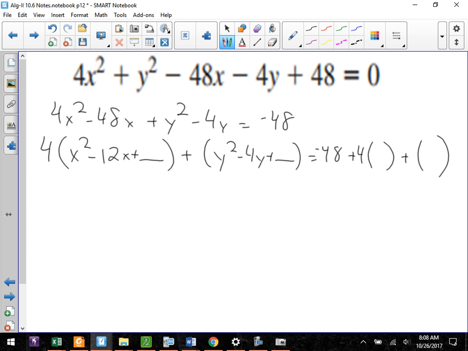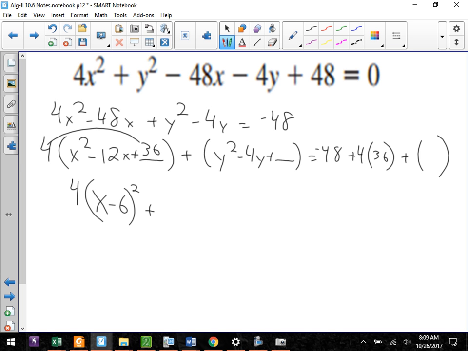Half of negative 12, when I square that, I get 36. So technically, this side would have been 4 times 36. That's why I have to put it on the other side as well. That's how that works itself out. So I put a 36 over here. And then the 4 is still out in front.